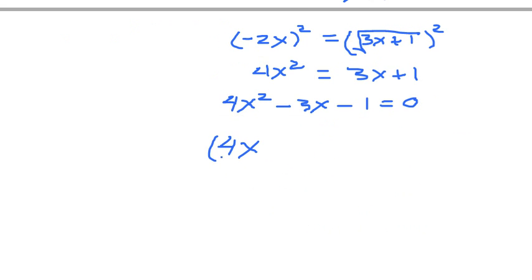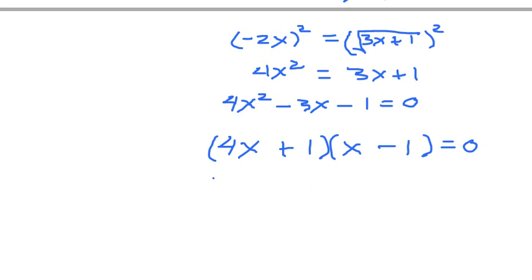4x, I don't know, I'm going out on the line on this deal. Hopefully it starts with 4x. Well, since this is a 1 here, we know that this has to be a 1 and a 1. Got no other choice. So we have 4x minus, okay, so that's going to be a minus and a plus, because that's going to be negative 4x plus 1 gives us negative 3x, and 1 times negative 1 is negative 1.